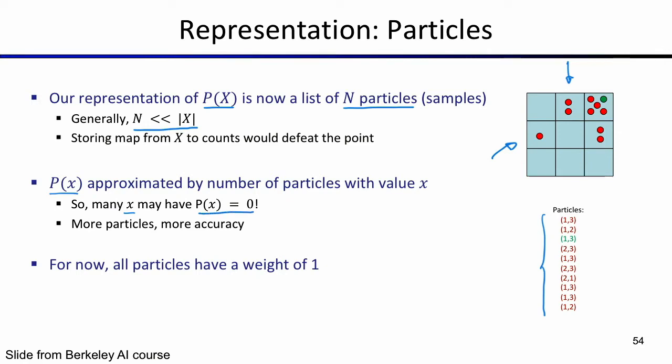Of course, if we have more particles, we're going to have more accuracy, but we need to keep the number of particles below a certain limit in order to make this approximate inference algorithm feasible. We start the algorithm with all particles with weight equal to 1, and I'm going to change the weight as we operate over the algorithm. Let's see in the next slide.